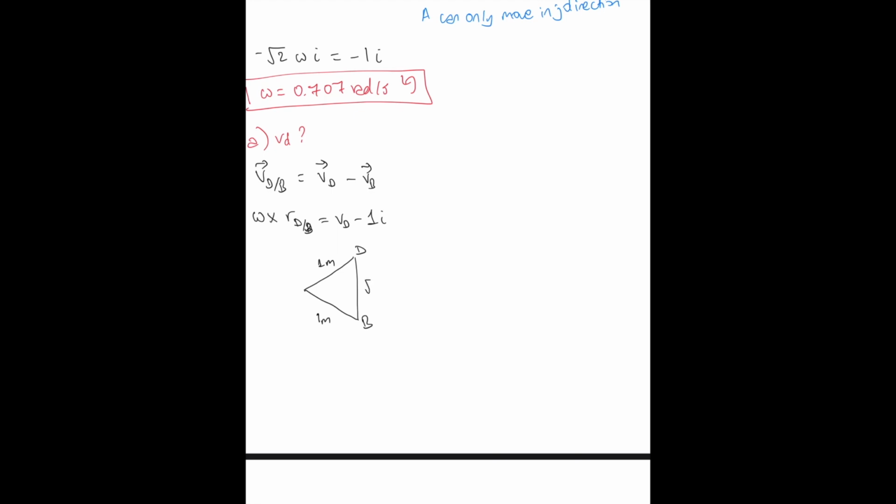So therefore, this has to be square root of 2, which means that the distance from D to B is going to be square root of 2 in the I direction. And we're going to plug it into our equation.